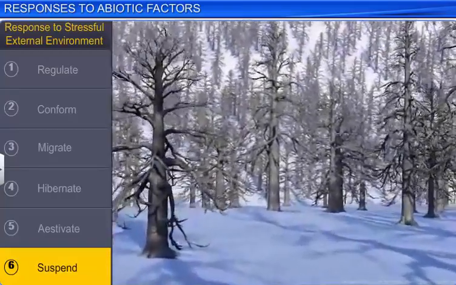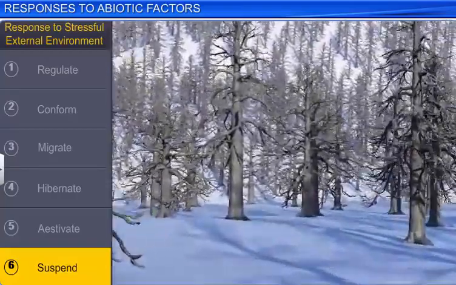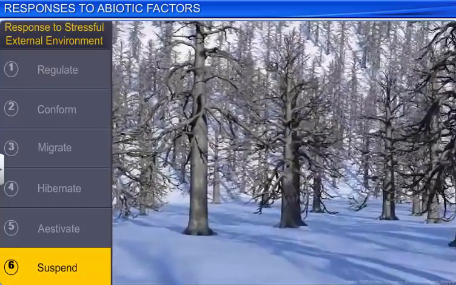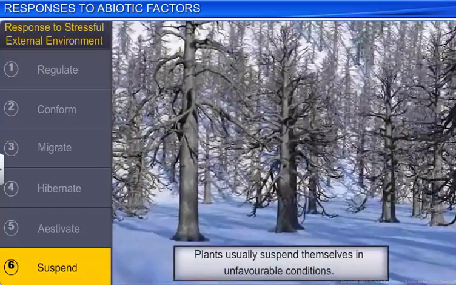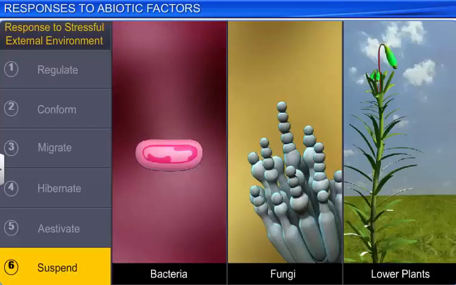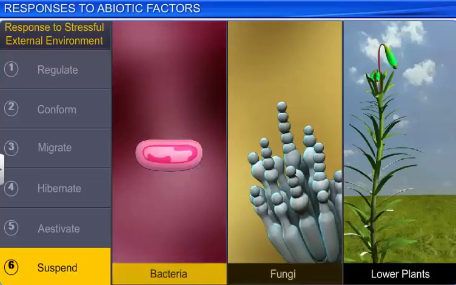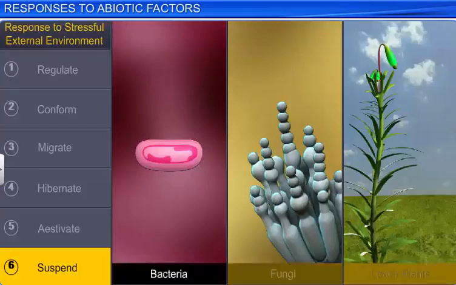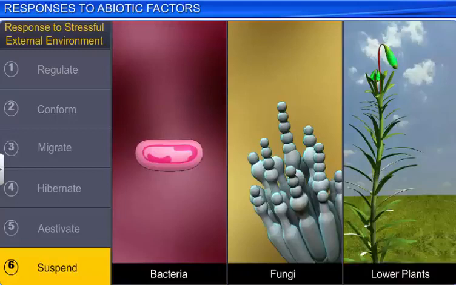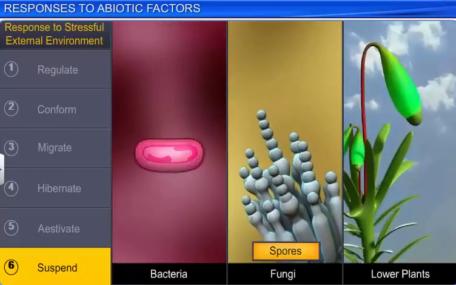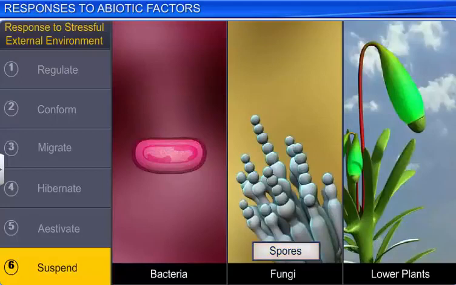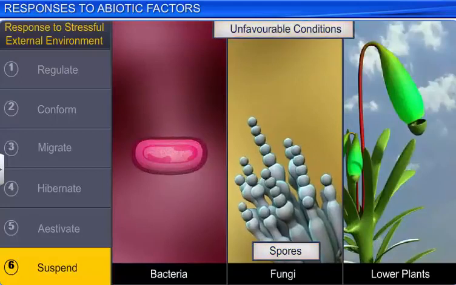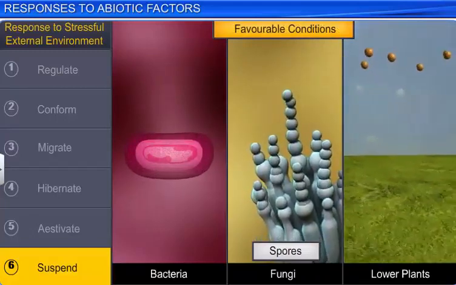Although these mechanisms are seen in animals, plants too show various responses to stressful external conditions. They usually suspend themselves in unfavorable conditions. In the case of bacteria, fungi, and lower plants, thick-walled spores are produced, which help them survive in unfavorable conditions and germinate in favorable conditions.